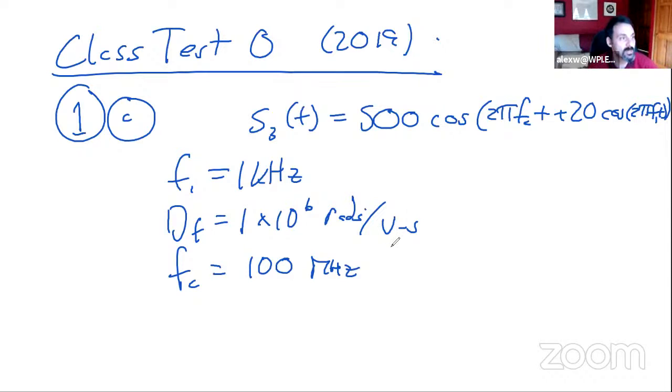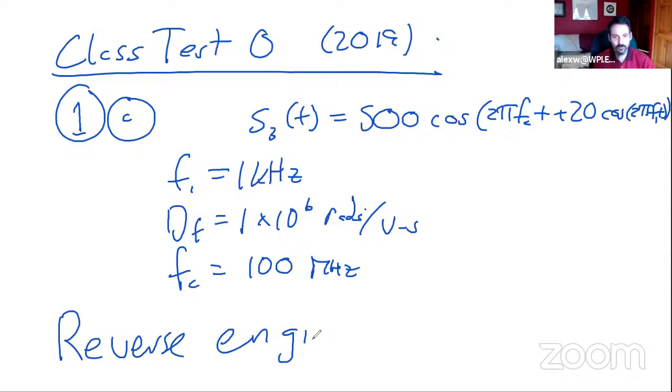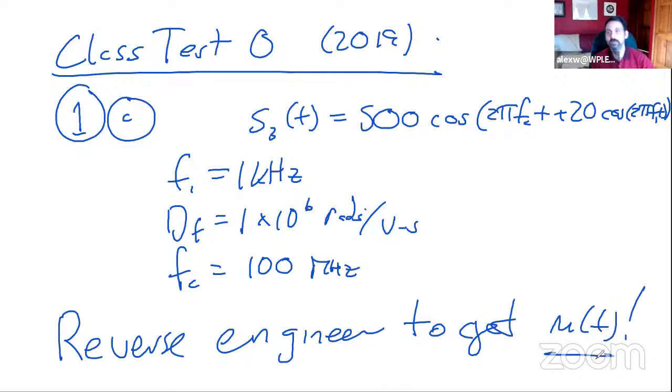So the question is, it's a reverse engineering question: reverse engineer to get m of t. This is actually kind of interesting.